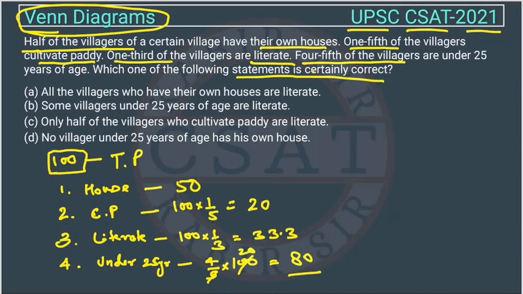All the villagers who have their own house are literate. So only 50 people have their own house, right? And this is saying all the villagers who have their own house are literate. So how many are having a house? 50.